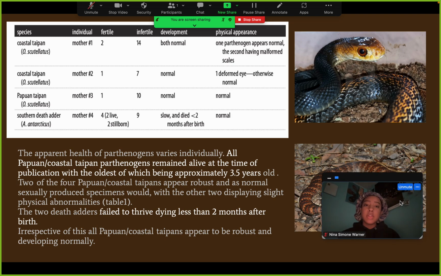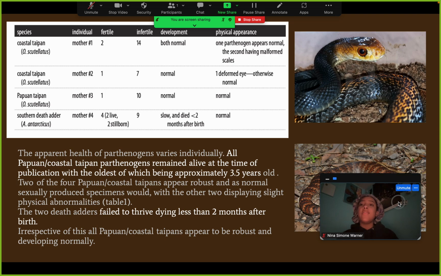But all of the coastal taipans that were alive at the time of the publication lived for a really good time. They were healthy and didn't have a lot of abnormalities that were inhibiting their growth. There were 2 that had slight abnormalities, like a deformed eye or malformed scales, but the other 2 had no abnormalities or issues with their health.